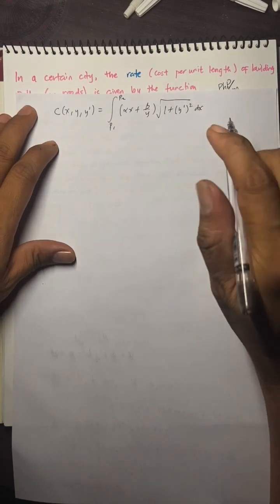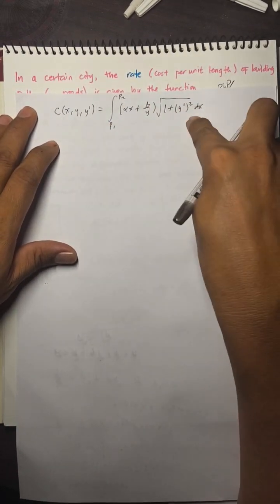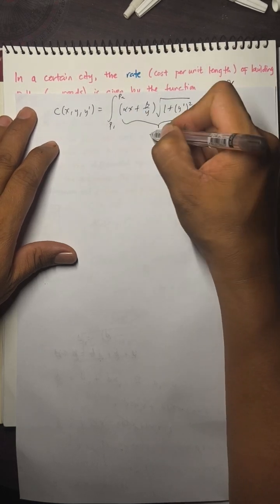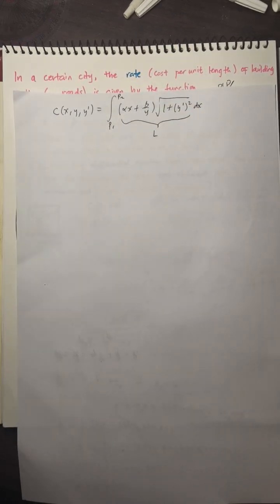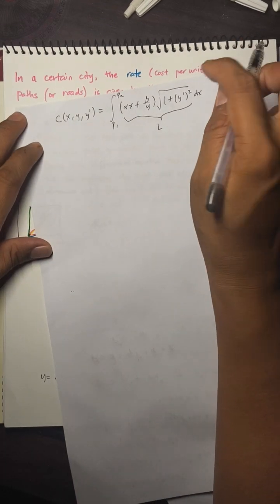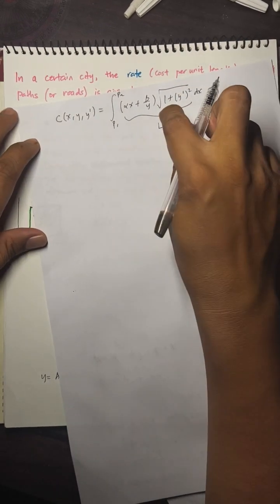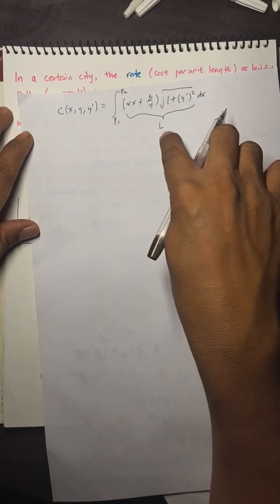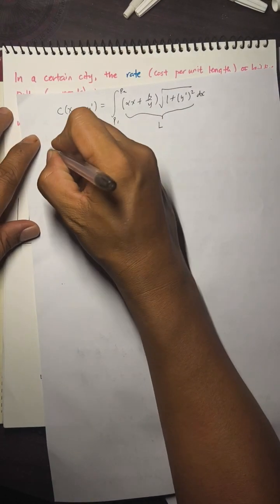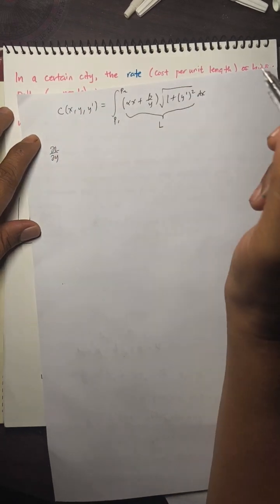Now, clearly, we can take this as our Lagrangian. This whole thing here is our Lagrangian L. And we can just calculate the Euler-Lagrange equation by first taking partial L over partial y.